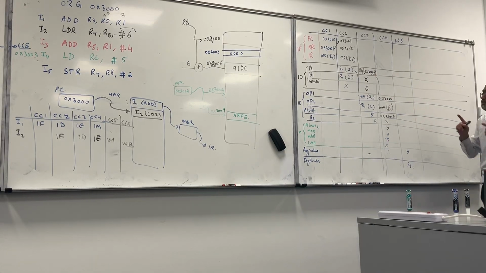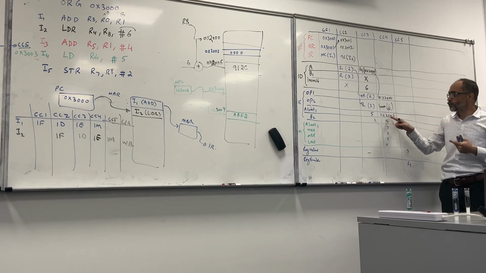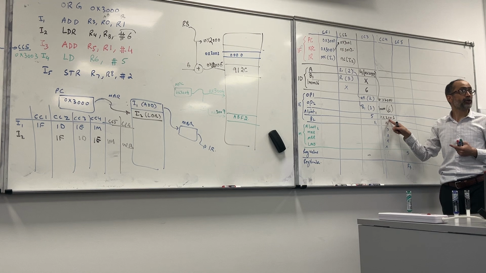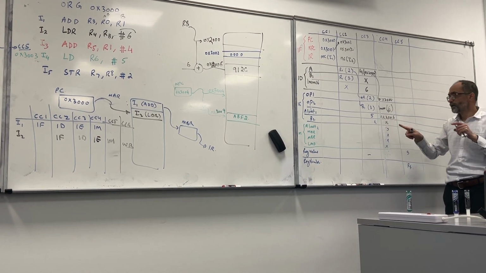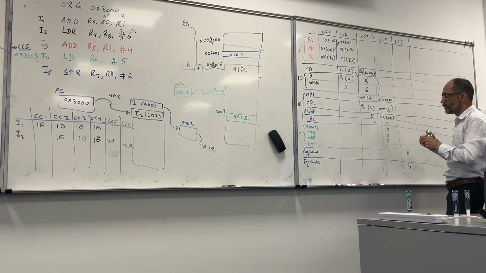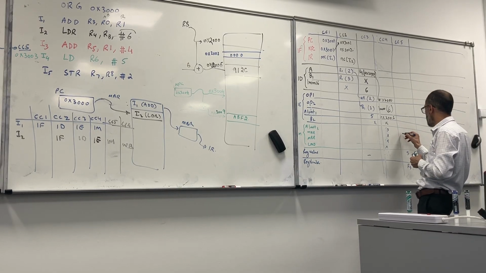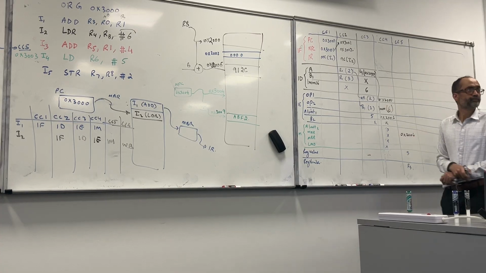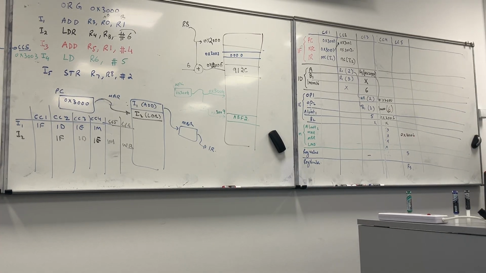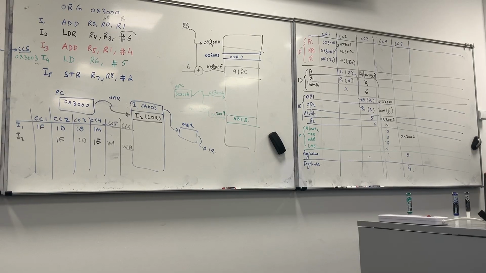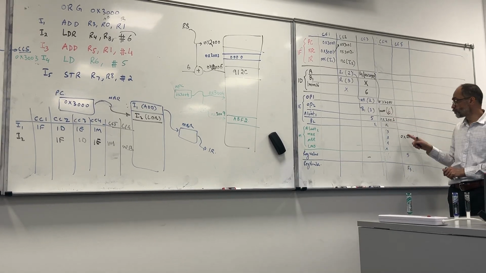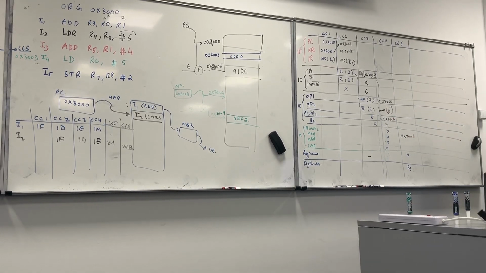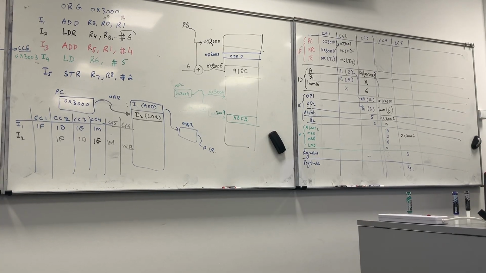Please remember, this is ALU out 1. It will go to MAR. What is the value of MAR? 2006. Clear? Now what will be the value of MBR in this example? 912C.